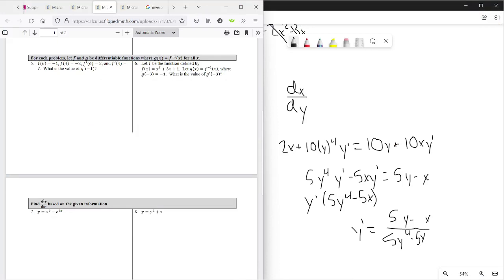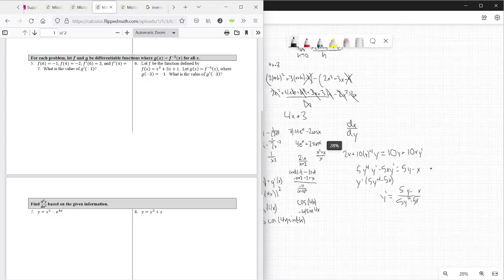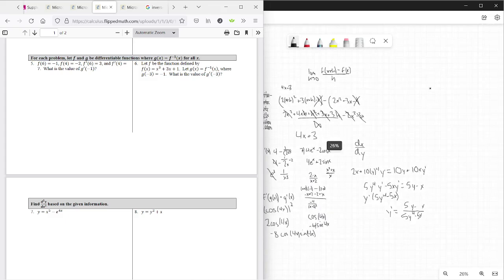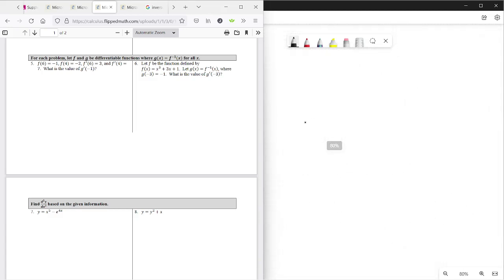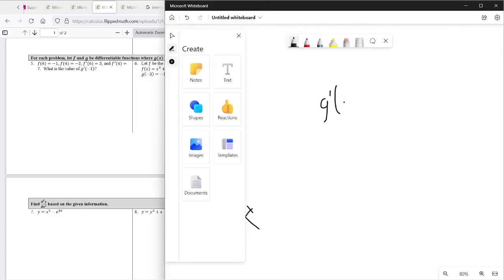These are derivatives of inverses. We just gotta remember here, if g(x) is the inverse, we want to take the derivative of g(x). That's equal to 1 over the derivative of f of g of x.